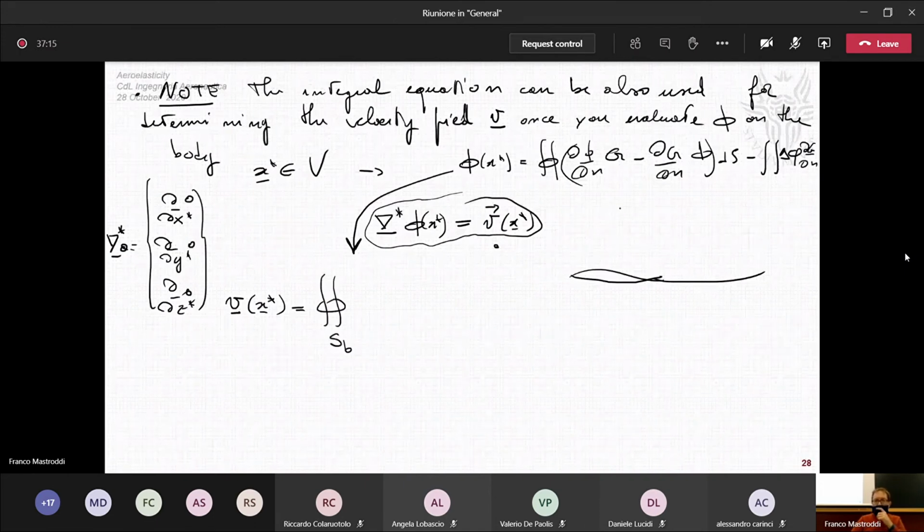Now attention, what happens when I apply the star gradient operator? The star gradient operator is not able to be applied to x dependent quantity, only by the x star dependent quantity, and therefore I can directly apply this, not here, but here.